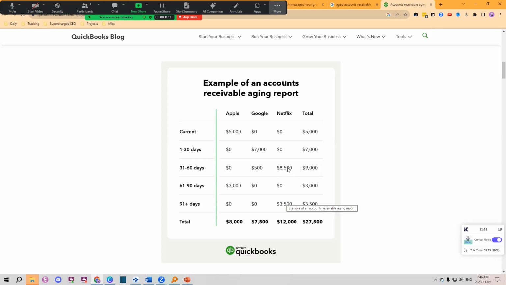And arguably, at some point, if Netflix is not paying us, we would stop providing products or services. So that's how we have leverage, because if you give them the products or services, give them the invoice, and you keep providing products or services, you don't know this, but they might be struggling financially and they might be slowly going out of business, and they're using you as a free creditor.